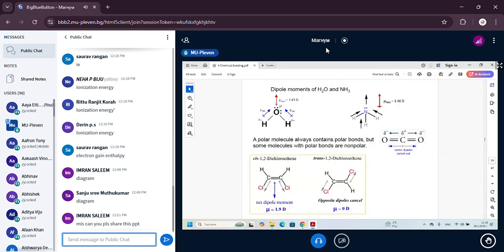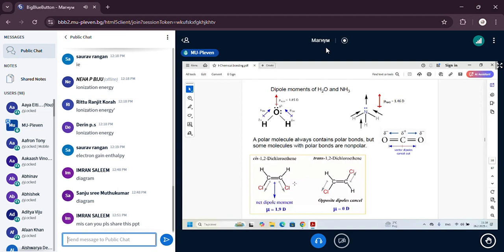Look at dipole moments, because the bonds between carbon and chlorine are polar bonds. What can we say in such a case? The isomers have different polarity of molecules.